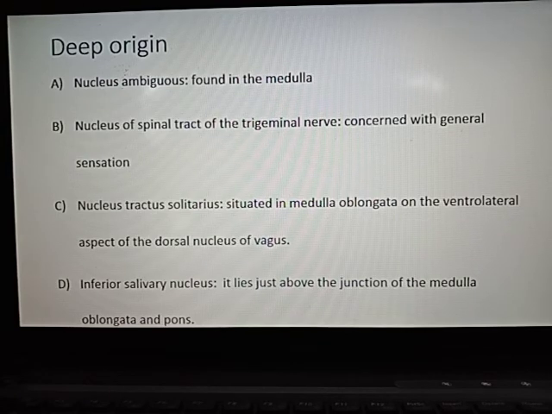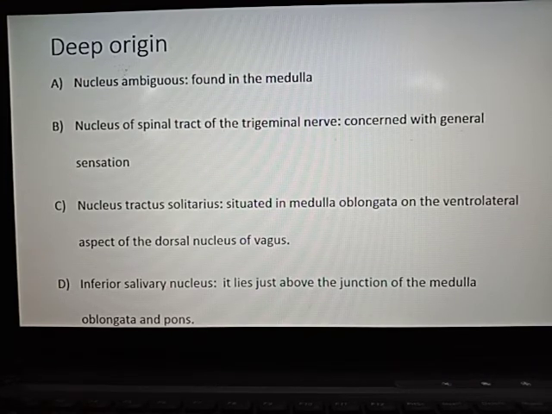The nucleus ambiguus is situated in the medulla, and it sends the branchiomotor fiber to the stylopharyngeus. Then the nucleus of the spinal tract of the trigeminal nerve is concerned with the general sensation. General sensation means pain, touch, and temperature.